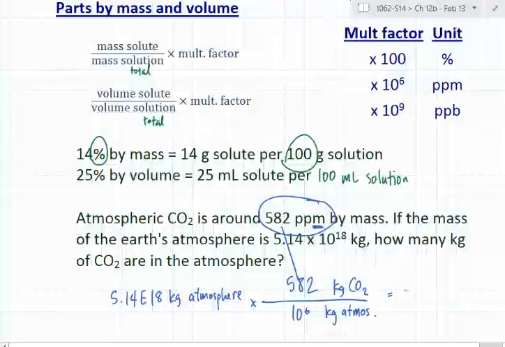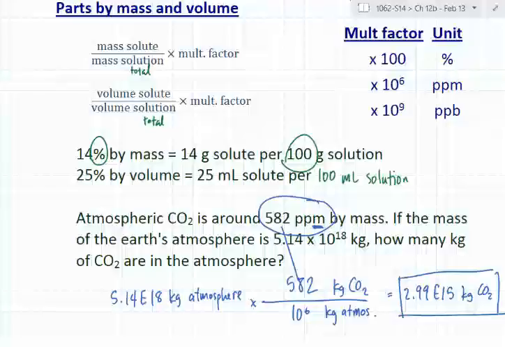I got 2.99 times 10 to the 15. It's kind of interesting how powers of 10 work, right? 582 out of 1,000,000 seems like a fairly smallish concentration.